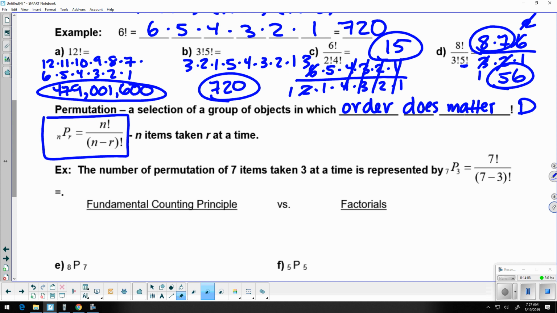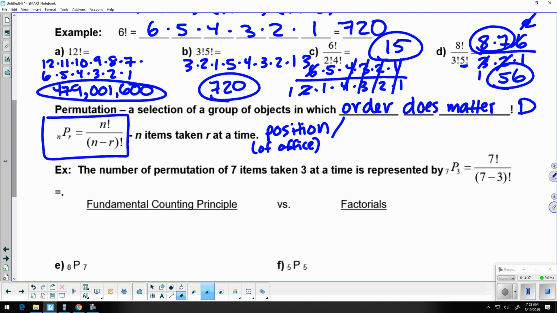But key words to know the difference between, because this is the hardest part of the lesson, is knowing when it's a permutation and when it's a combination. For a permutation, these are the key things I want you to think about. If a problem is talking about position of office, such as choosing a president, a vice president, a secretary, a manager, an assistant manager, that's a position.